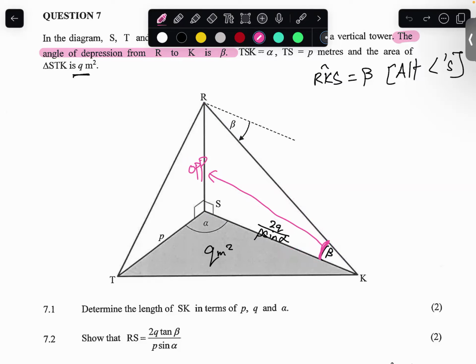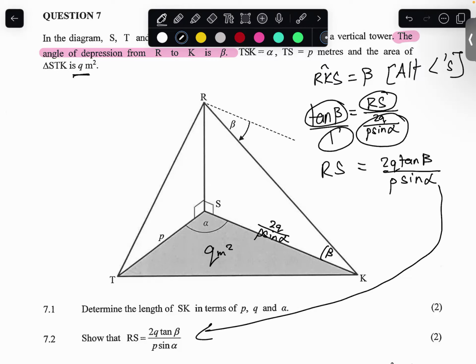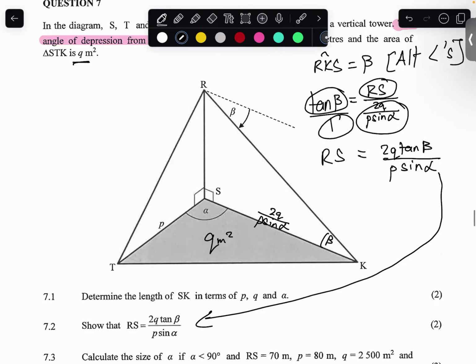So we're going to go tan beta is equal to opposite, which is RS, over adjacent, which is 2Q over P sine alpha. Right, and then this is over 1. We're going to cross multiply. That times that is equal to that times that. So RS is equal to 2Q tan beta all over P sine alpha, which is what they asked us to prove. All right, that was that one.